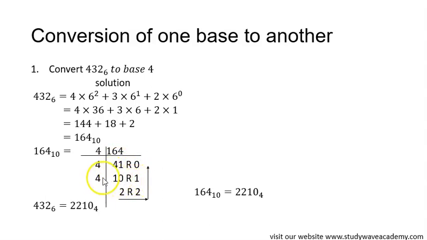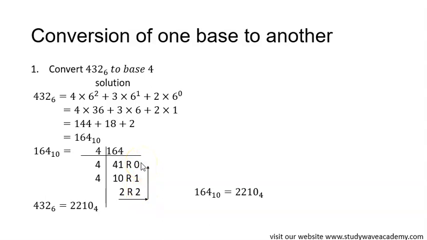Okay, so 4 in 10 is 2, remainder 2, because 4 times 2 will give you 8, and we're looking for 10, so remaining 2, right? So remainder 2. So when we are done, 4 cannot go into 2, so we leave it this way. So we start collecting our numbers from here, going upward. We are just taking the remainders.